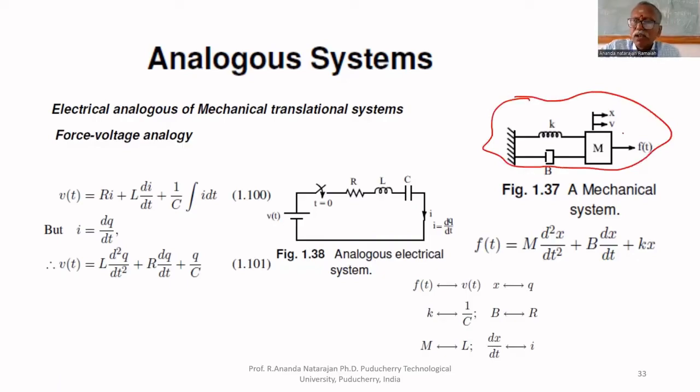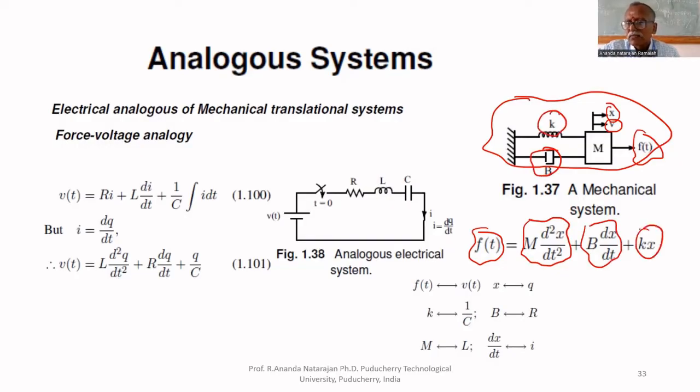The applied force is F of t, the displacement is x, the velocity is v. Therefore, the mathematical model is F of t equal to m d square x by dt square because of mass m, plus b dx by dt because of this b, plus kx because of this k. That's all. This is the mathematical model in time domain.